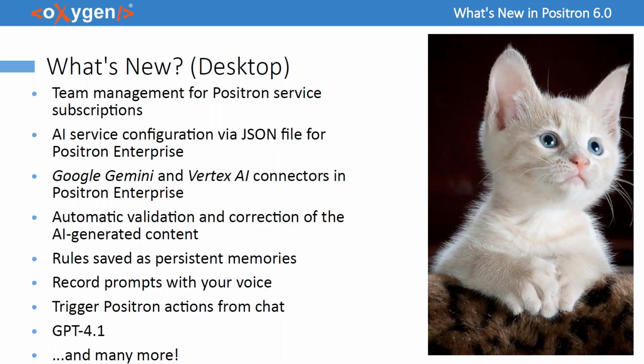There are many more, but I wanted to keep this short and have only one slide. When you try to, for example, insert AI-generated content into the current editor, Positron will start an automatic validation and correction process.